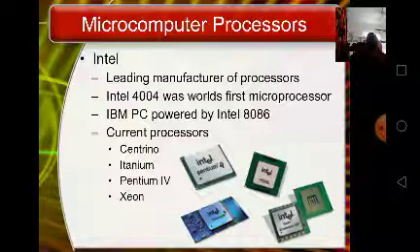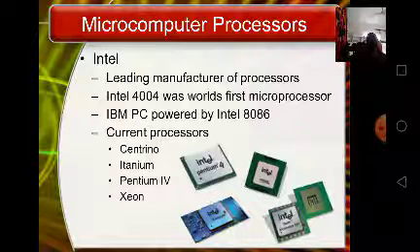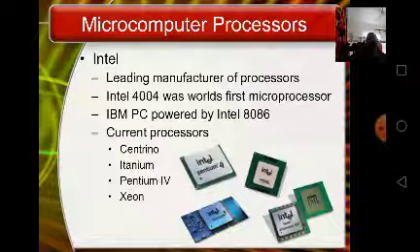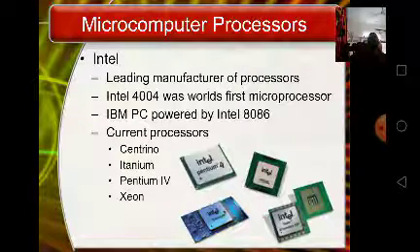The invention led to the first microcomputers that began appearing in 1975. Even so, Intel's success in this market was not guaranteed until 1981, when IBM released the first IBM PC, which was based on an Intel microprocessor.